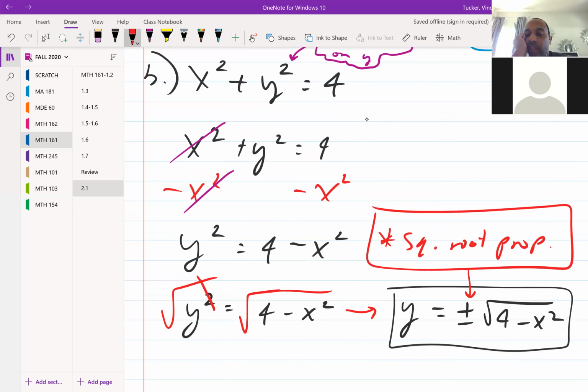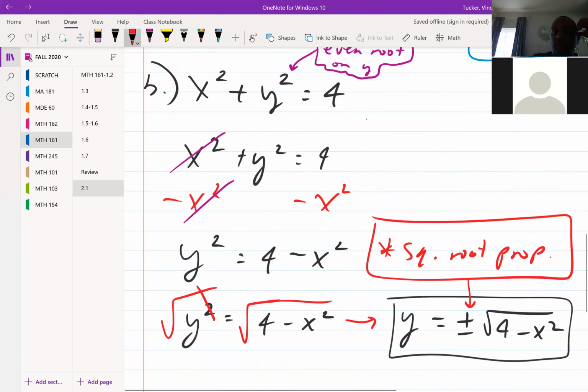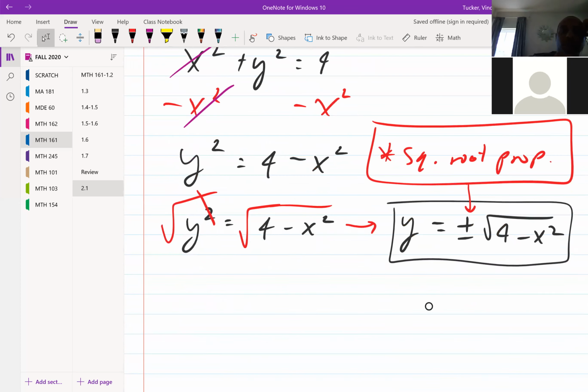All right. Don't forget, whenever you take the square root of both sides, you have to use plus or minus. And for any even root, that will be the case. All right. So now, once I solve my equation for y, I do like I did before and set up my xy chart.